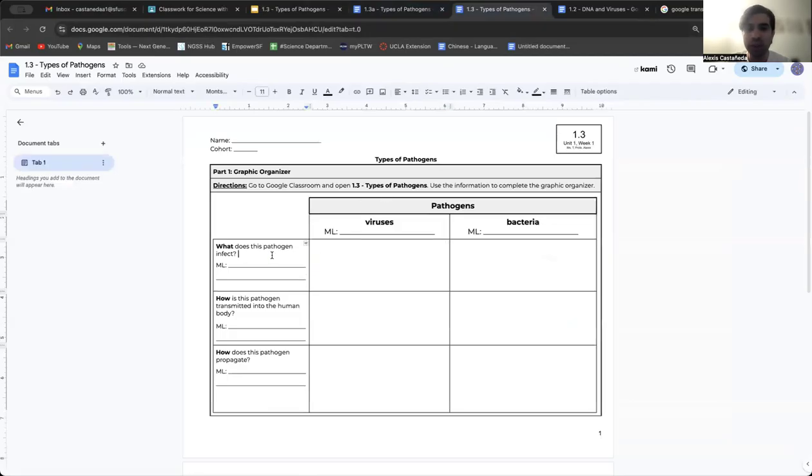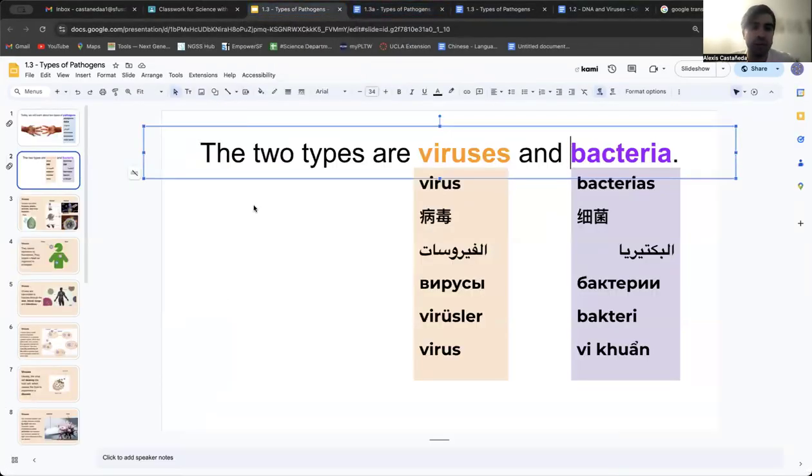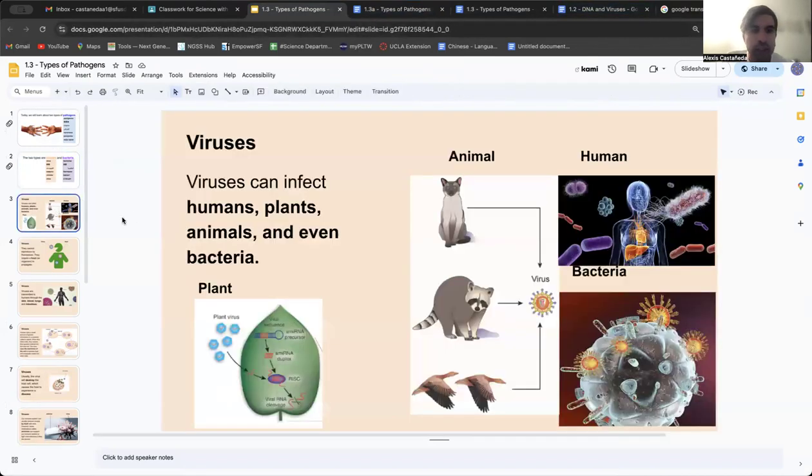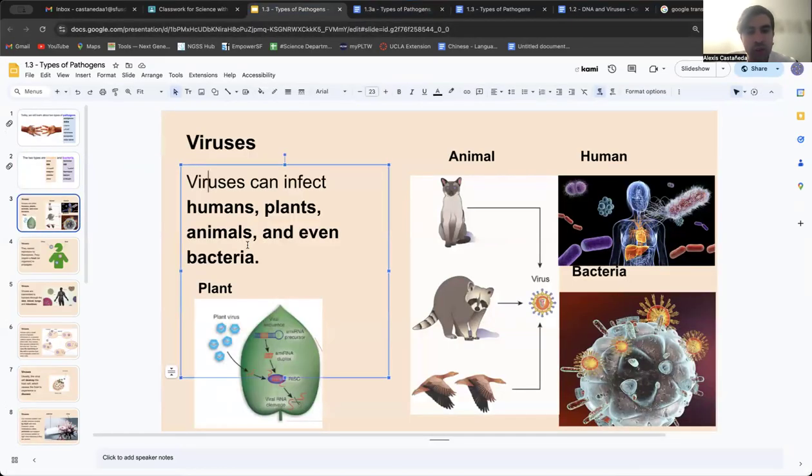First, let's look at what does this pathogen infect? What becomes infected by a pathogen? What can get sick from a virus and from a bacteria? Let's go through this list here. It says viruses can infect humans, plants, animals, and even bacteria.